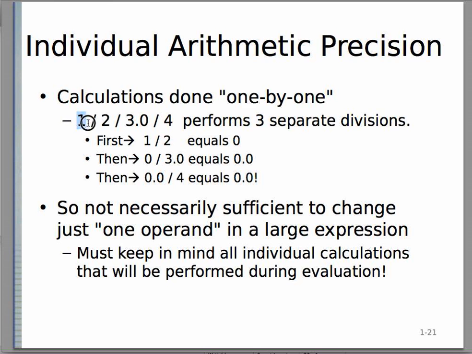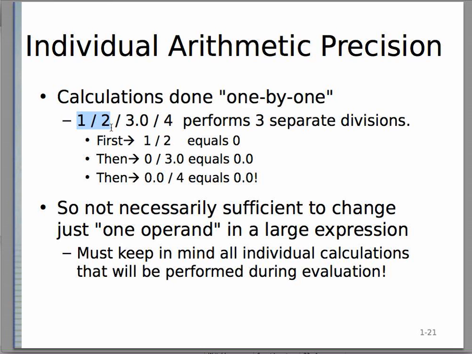So you go left to right, it's 1 divided by 2, integer operation, you get a 0, you don't get 0.5 as some people might expect. I know if you're used to Java, you don't expect it, right? You expect this to be 0, and then 0 divided by 3 is 0, and then 0 divided by 4. Even though this whole thing is a double, it already became a 0 because the first divide was a 0.